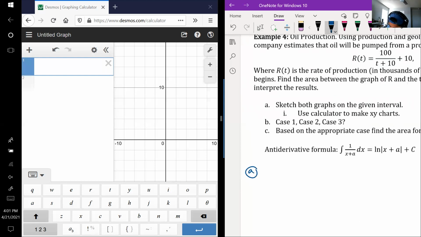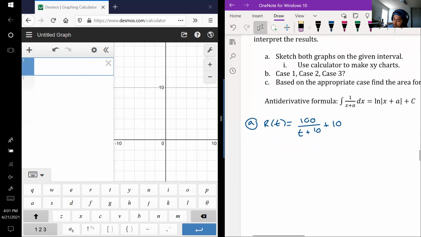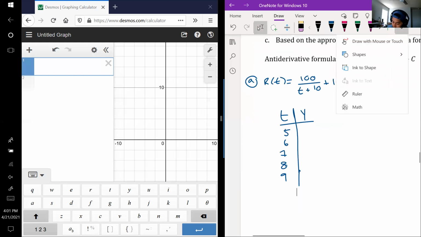So R of T equal to 100 over T plus 10, plus 10. And the XY chart goes from 5 to 10. Well, this is going to be a TY chart since our variable is T. And we start at 5, 6, 7, 8, 9, and 10.